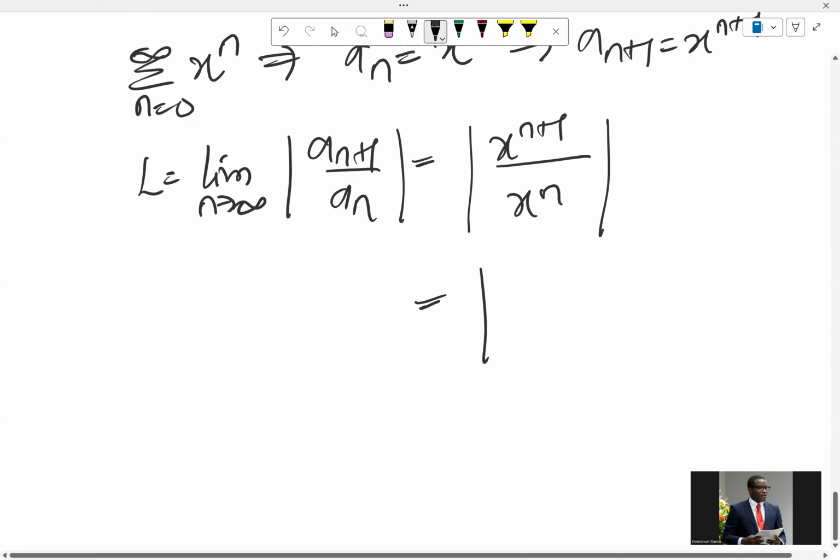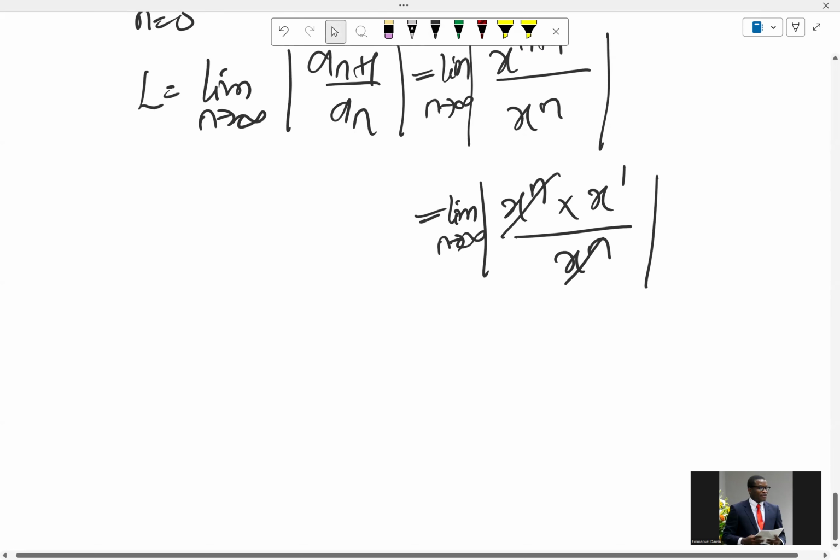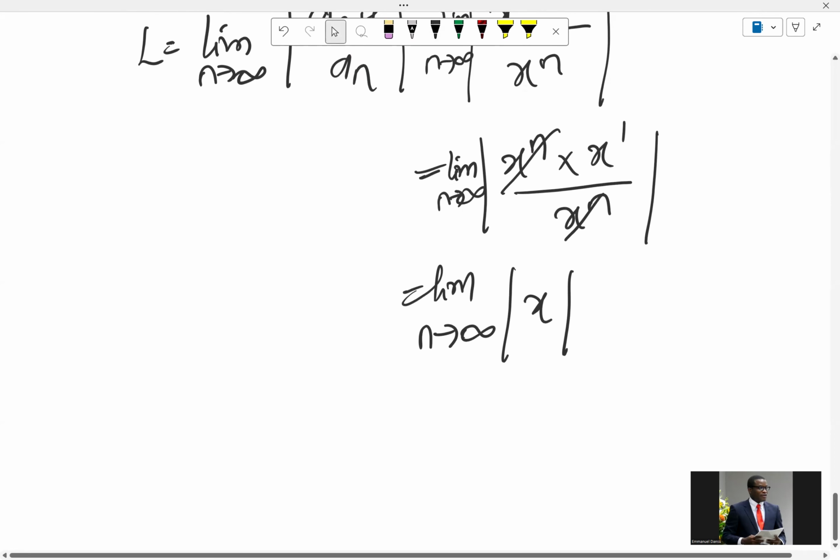So that simply means you have x raised to power n times x raised to power 1 all over x raised to power n. Okay, the limit should still be there until you substitute; you keep writing that limit as n approaches infinity. So this cancels out. So you have the limit as n approaches infinity of the absolute value of x. Since there's no n here anymore, you can as well just say this is the absolute value of x.